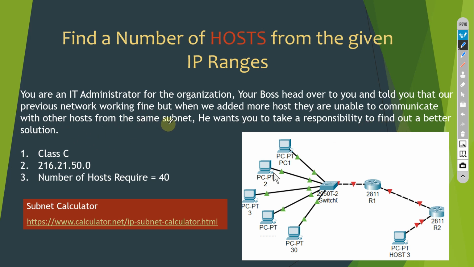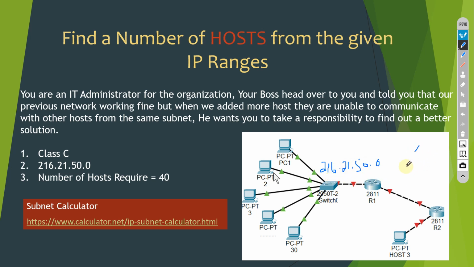So what it's basically trying to say is, in the last exercise, we found the number of networks, but we were not concerned about the number of hosts that exist on that network. Let's suppose we found some network range like 216.21.50.0, with the subnet mask that we have already identified.